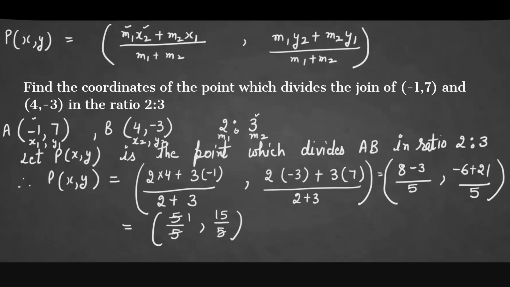You will get 1, you will get 3, and the point P(x, y) equals (1, 3).